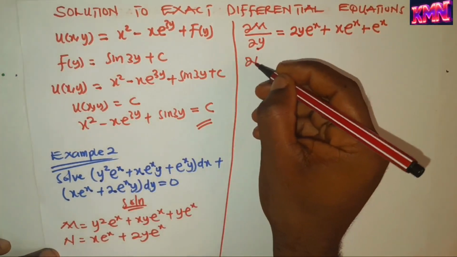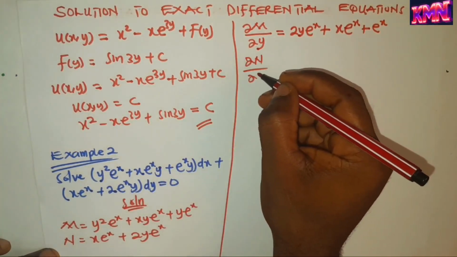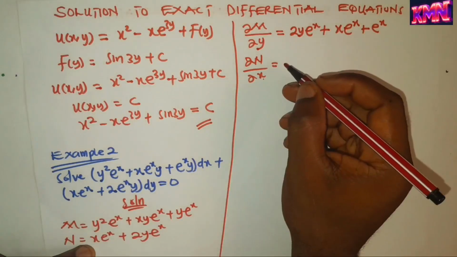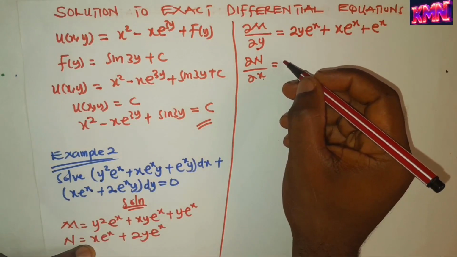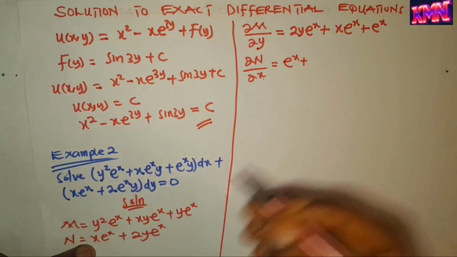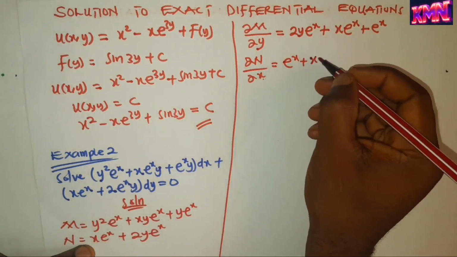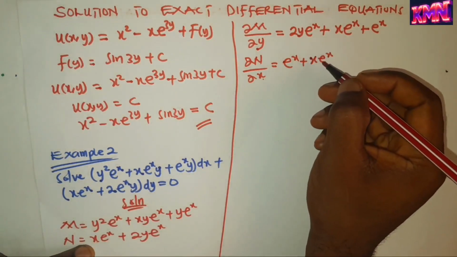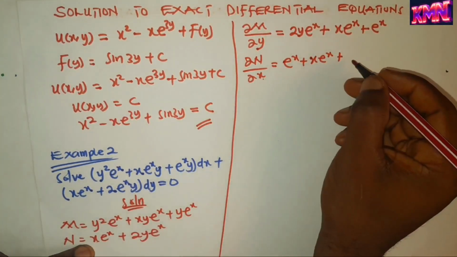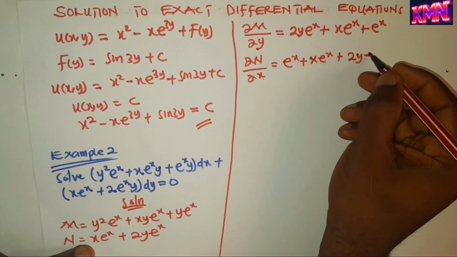Now del N del x. With respect to x, the whole of it acts as a product. Let's differentiate the x. We're going to get e power x plus, now maintain the x and differentiate this one, we're going to get x e power x, since differentiating e power x is the same thing, plus now differentiate this, which will give us the same thing again, 2y e power x.